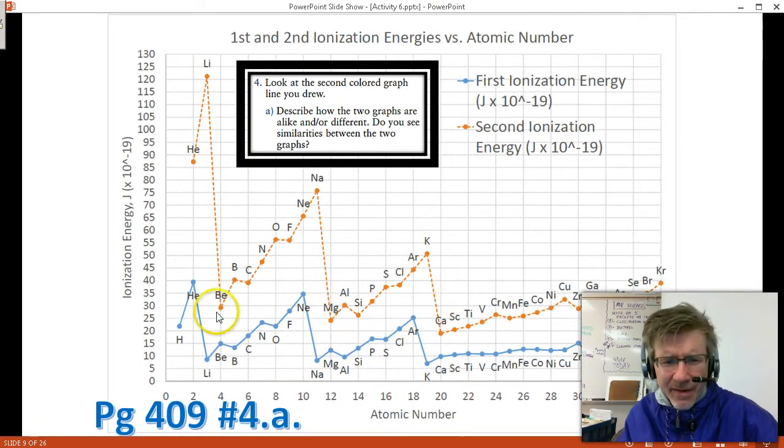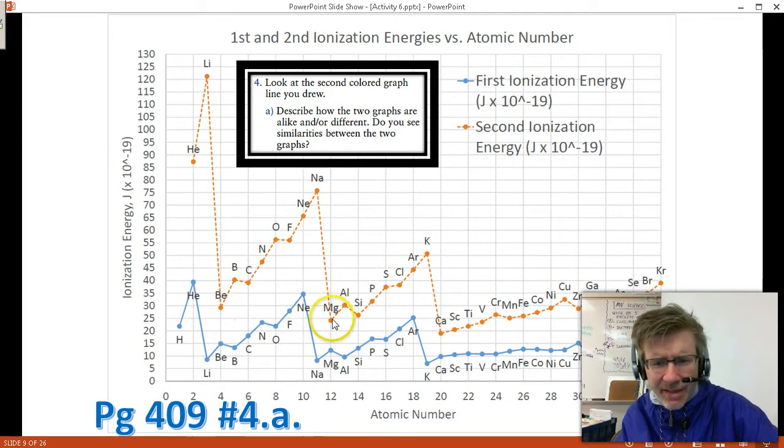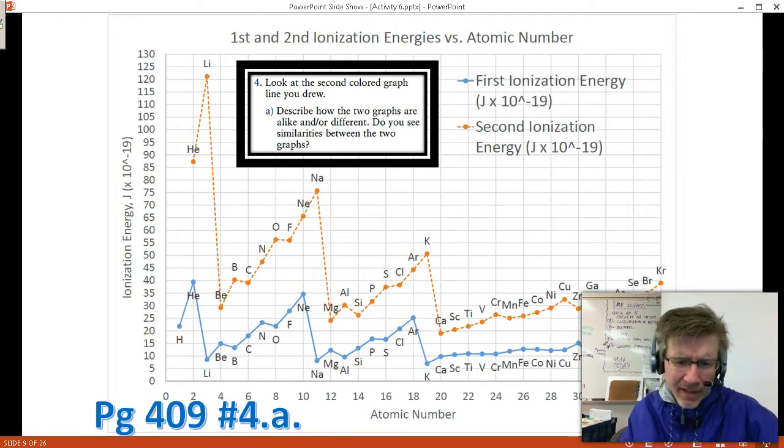So I see some similarities, and then I also see here that there are some low ones: beryllium, magnesium, calcium, germanium. There are some low items as well. A gradual rise and a steep drop off. That's the general idea. So you could say, let's just write that down if we're writing down these answers.